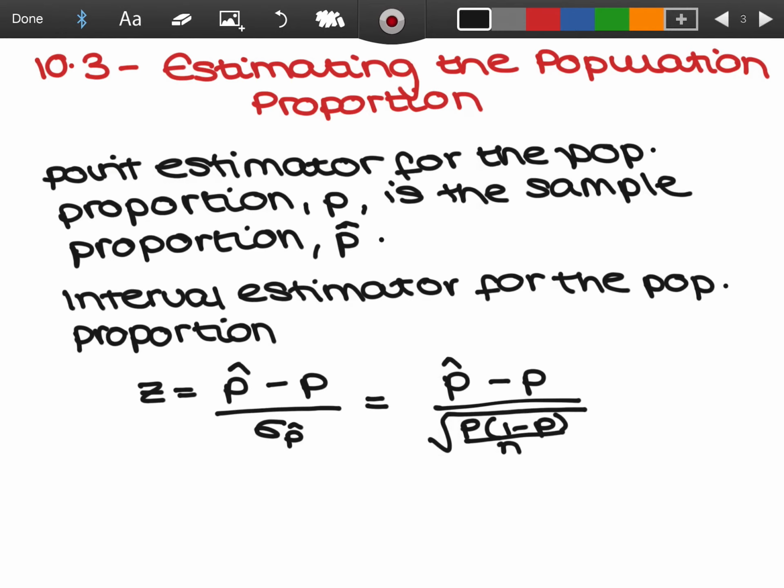Just as a quick recap that I did mention in 9.4, sometimes you are not told what the population proportion is when you do this Z transformation.